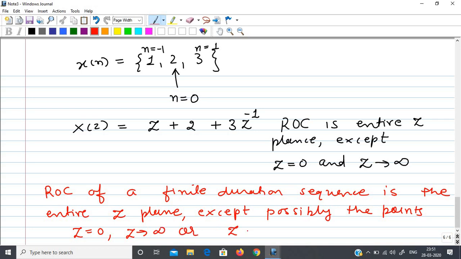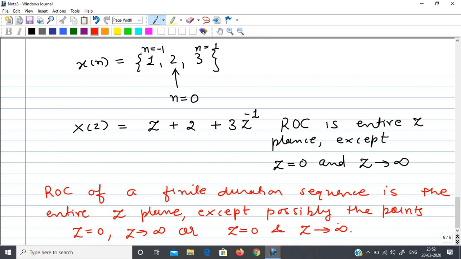Both means Z equals 0 and Z tending to infinity. In the first example, the point excluded from the ROC was Z tending to infinity. In the second example, the point excluded from the ROC was Z equals 0. And in the last example, the ROC was the entire Z plane except these 2 points, Z equals 0 and Z tending to infinity.